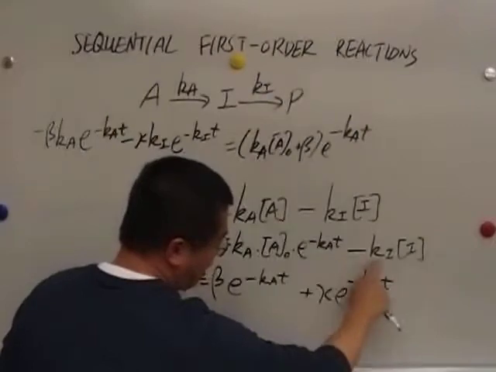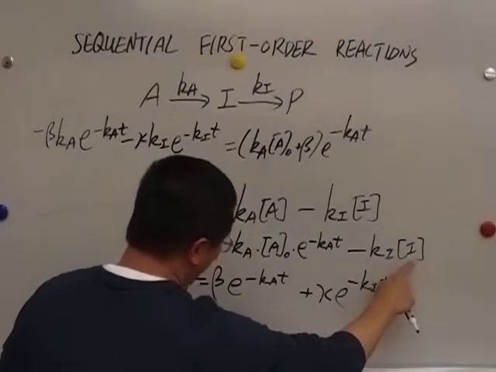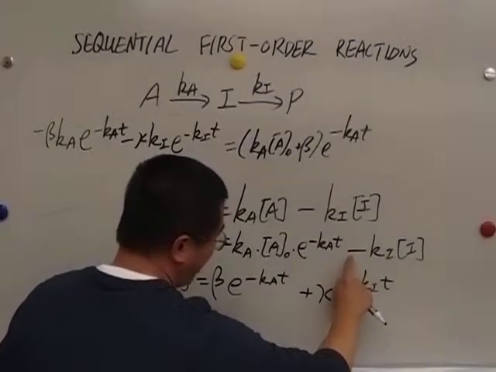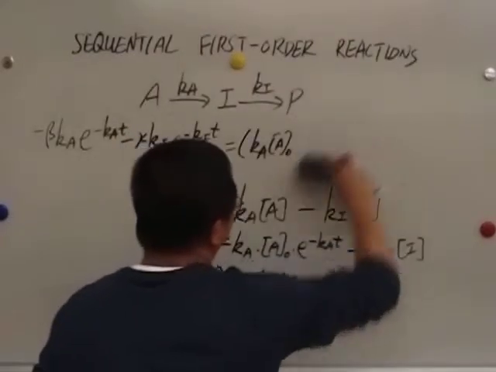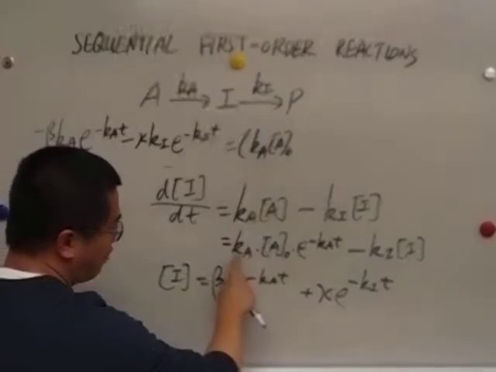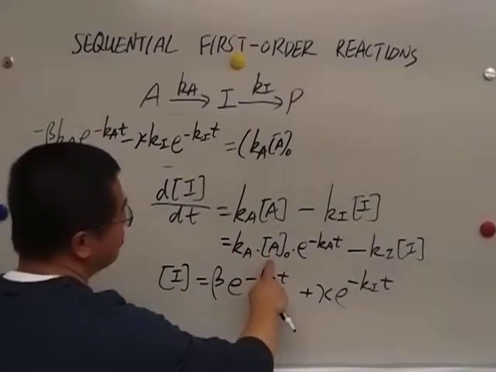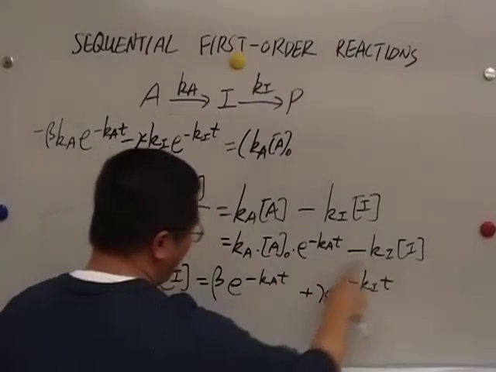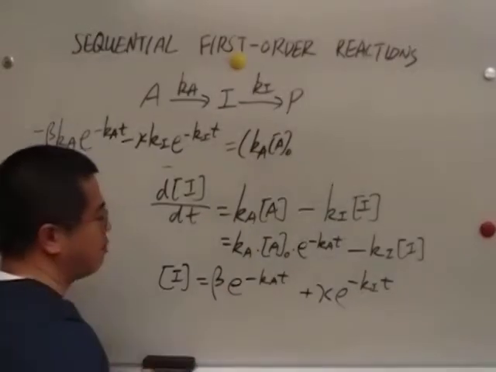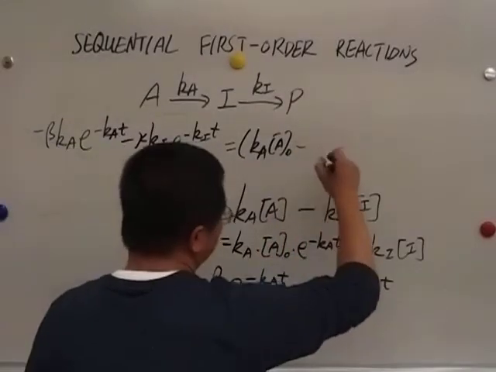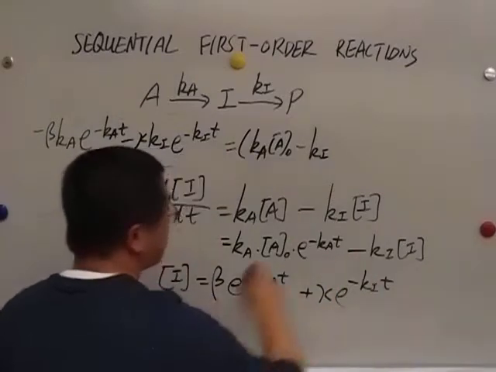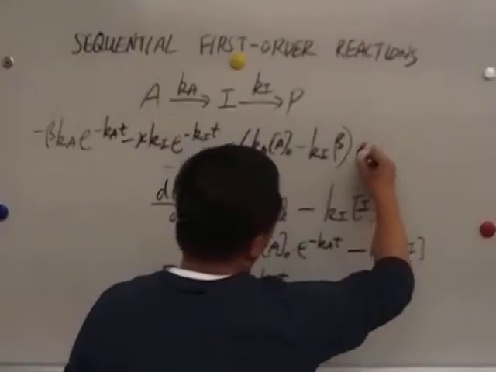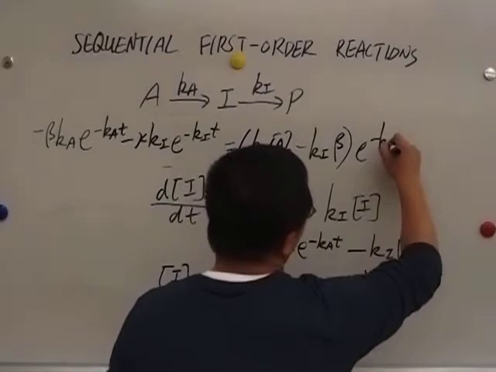I'm sorry that I forgot to multiply this I by negative Ki, so I need to do this properly. Again, you have Ka times A naught, and then you have minus Ki times beta times this exponential function.